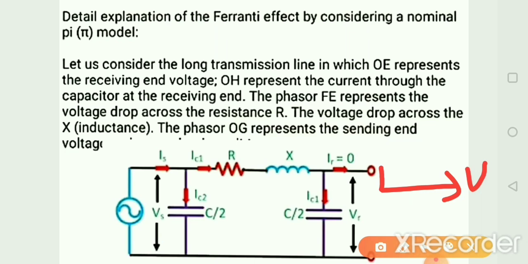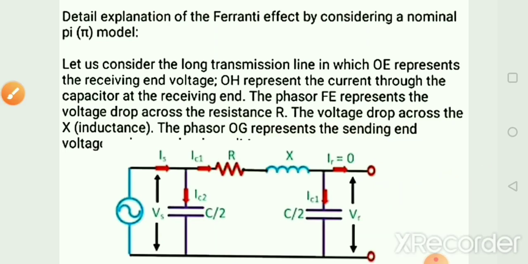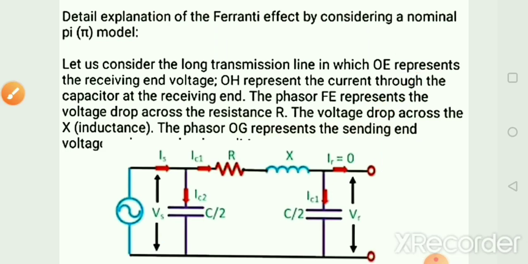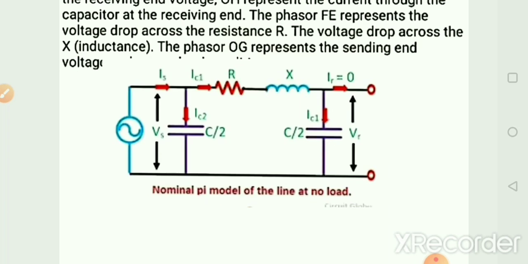If this is the voltage and this is the current, in this capacitor case the current is phase shifted from the voltage by around 90 degrees, so we can draw a phasor diagram for this.